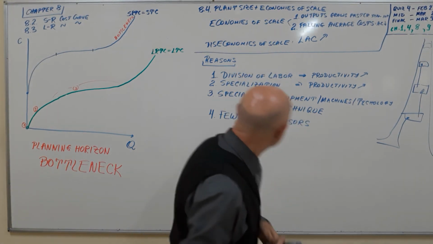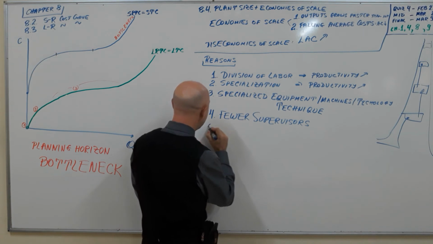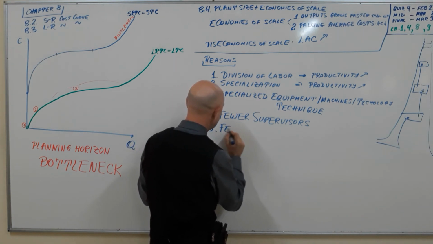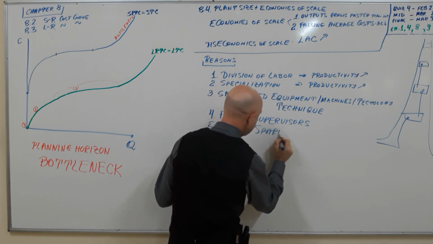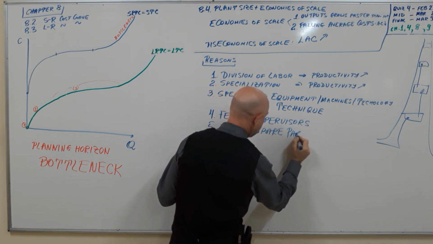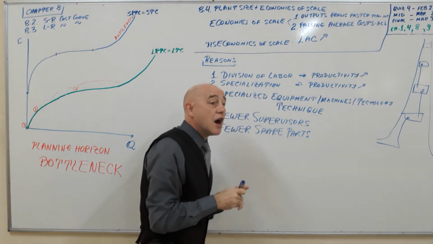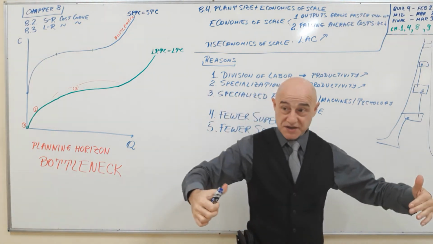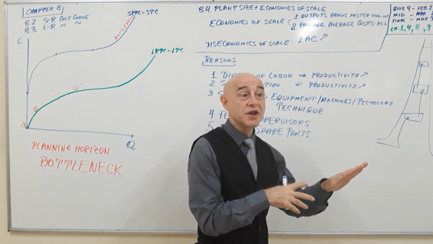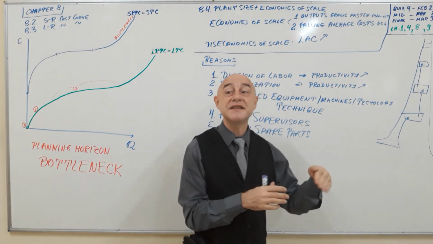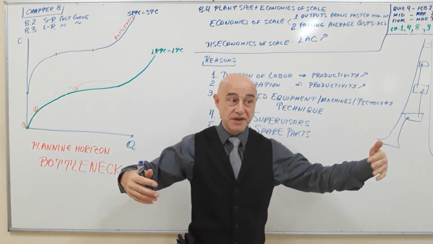Next one is fewer spare parts. Of course, when you grow the business, the number of spare parts will increase, but it will not increase as fast as the business.